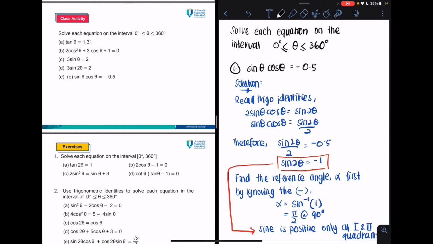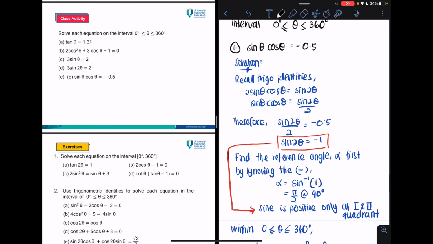When you use your calculator, please make sure your calculator is in radian mode. The original equation given to us, sine 2 theta equal to negative 1, means that we are trying to determine the value for theta where the sine function will be negative.